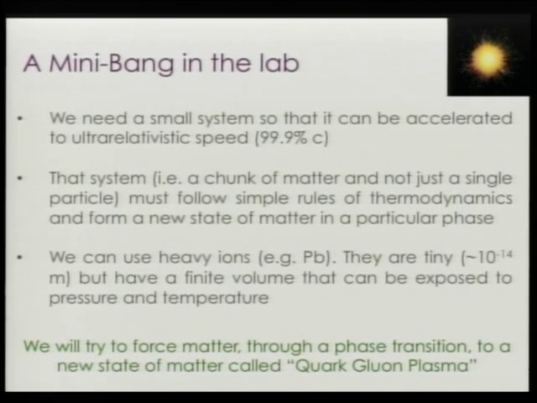They are tiny, around 10 to the minus 14 meters, but they have a finite volume that can be exposed to pressure and temperature. You cannot do this with electrons or protons.